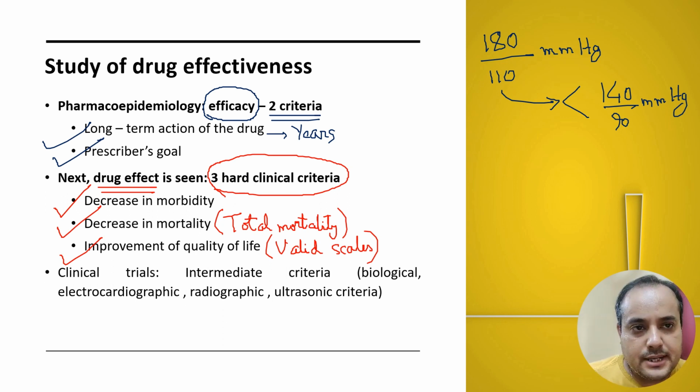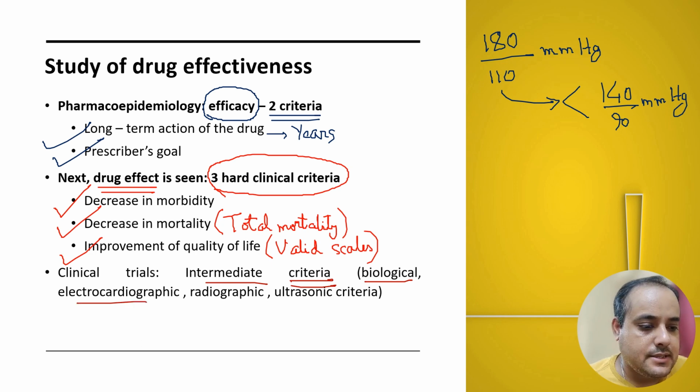But when we are conducting a clinical trial, the drug effect, or the drug efficacy, is seen based not on these hard clinical criteria, but on some intermediate criteria. And those criteria are formed by the evaluation of biological samples.